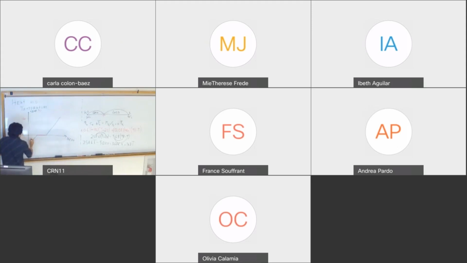This is the solid state. This is melting. This is liquid. It reaches another flat line. And then it becomes what? A gas.